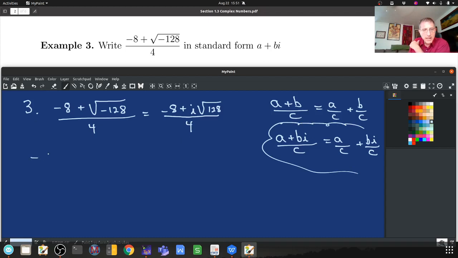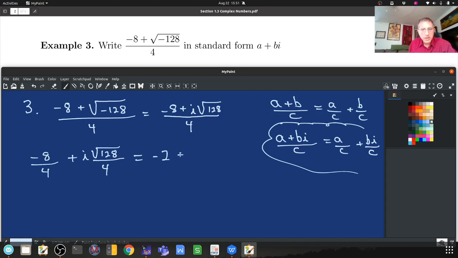That's minus 8 over 4 plus i times the square root of 128 divided by 4. Well, minus 8 divided by 4 is minus 2.